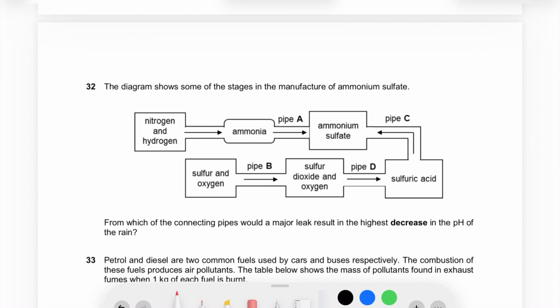32. For which of the pipes would a major leak result in the largest decrease in the pH? That means you'll form a lot of acid. The amount of acid produced will be very high. So this is alkaline, so it's not.